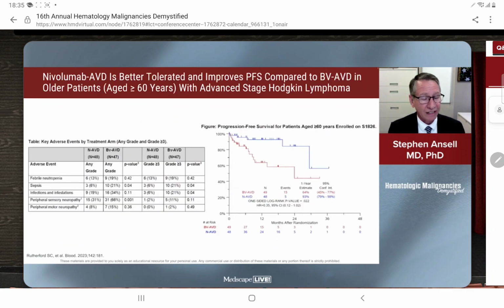Data that was presented at the most recent ASH meeting that was really important showed that these results, when we looked at the different ends of the spectrum, specifically elderly patients or very young patients, held up very substantially. You can see here, this is for the elderly patients, those over 60, and you can see that the use of nivolumab AVD chemotherapy compared to brentuximab AVD chemotherapy was substantially better.